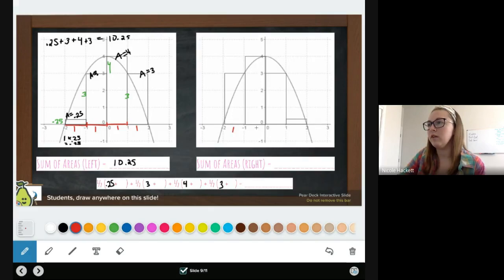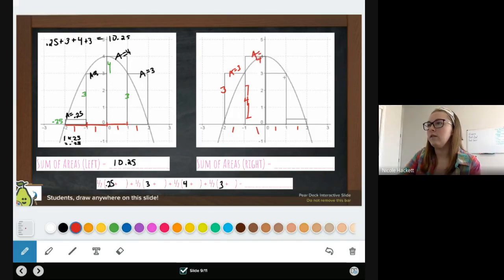So these all have an interval of 1 here. So the length or width of each of these rectangles is 1. And we're going to check the height now. The height of this one is 3, making the area 3. All right, the height of this one is 4. So the area is 1 times 4, so that's 4.